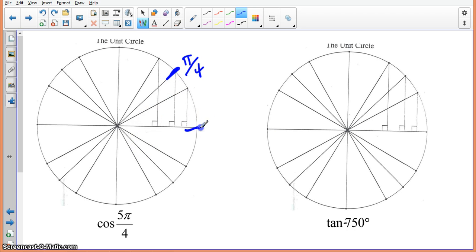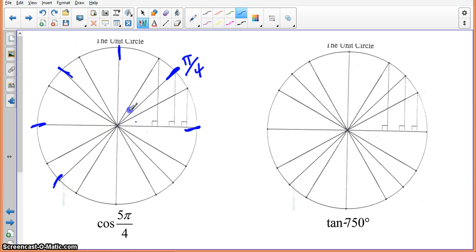So this is 0 pi over 4 here, with no movement. This is 1 pi over 4. This is 2 pi over 4 right here. So I'm going another 45 degrees, if we want to talk in terms of degrees. 3 pi over 4, 4 pi over 4, and 5 pi over 4. So there we go.